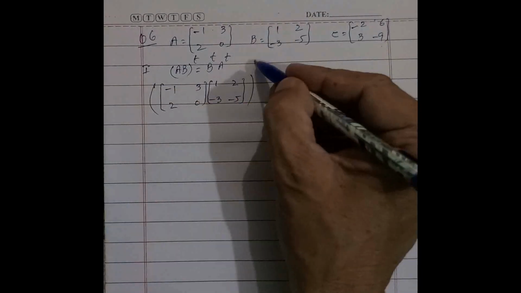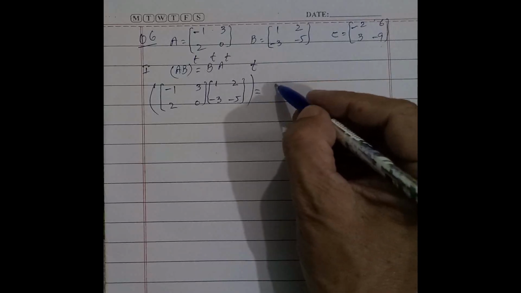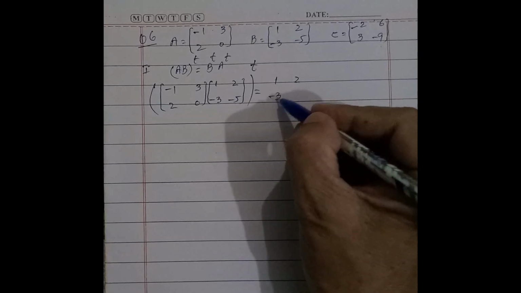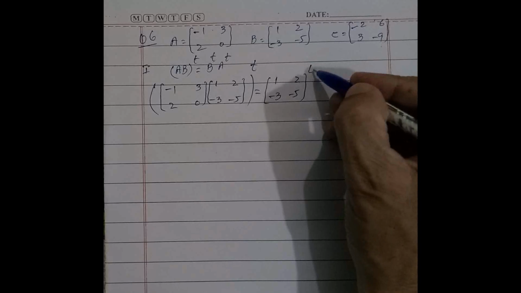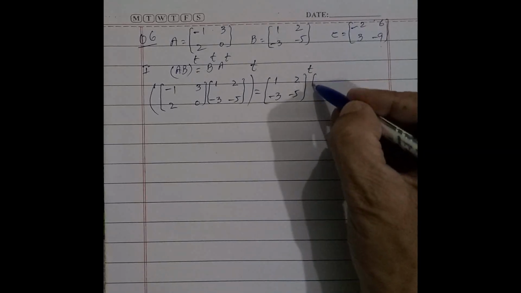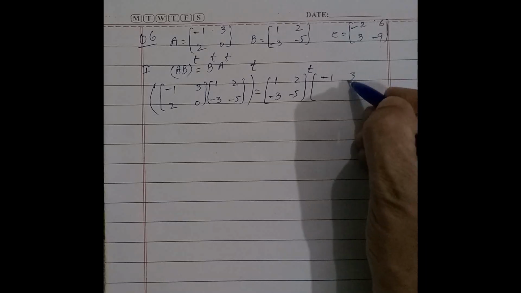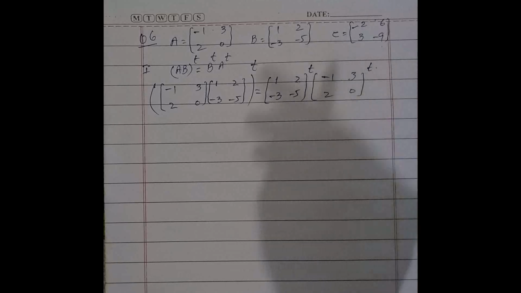Whole transpose is equal to B transpose, B is 1, 2, minus 3, minus 5 transpose, and A minus 1, 3, 2 and 0 transpose.